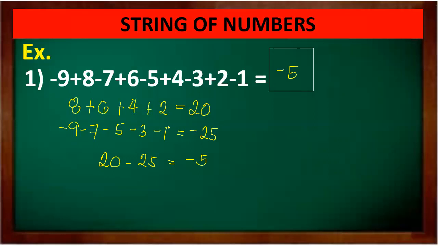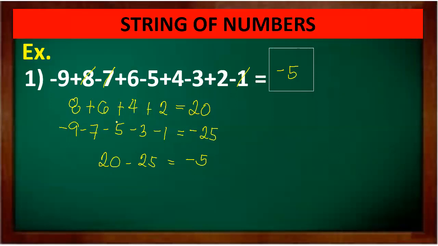So, mayroon din yung mga iba na kina-cancel out nila yung mga, for example, ito, pwede nyo din i-combine si negative 7 at saka si negative 1, that is equal to negative 8. So, pwede nyo din i-cancel si positive 8. Okay? So, pwede din ganyan kung gusto nyo. Pero, ito dito, isushow ko sa inyo kung paano gawin na yung parang baby step. Okay? So, lahat muna ilalagay natin sa like signs and then isosolve natin.